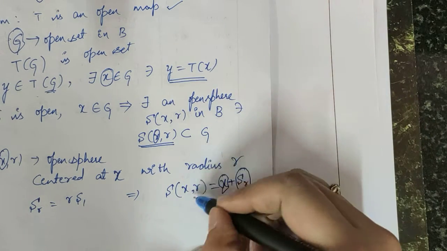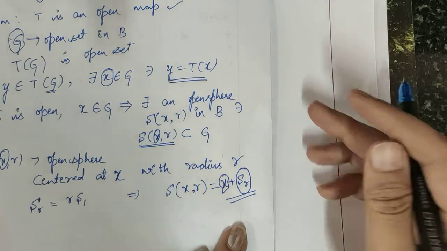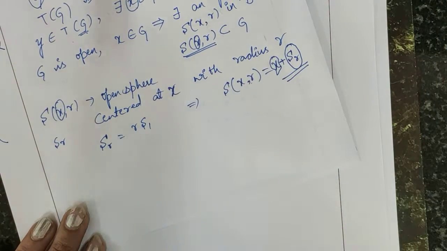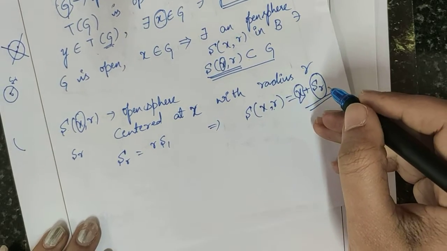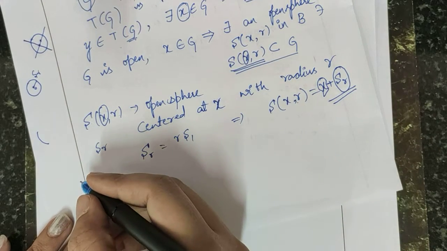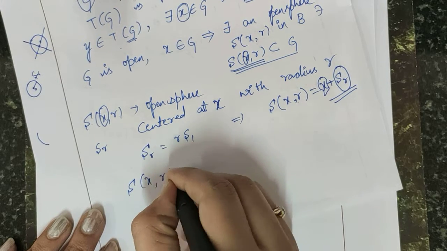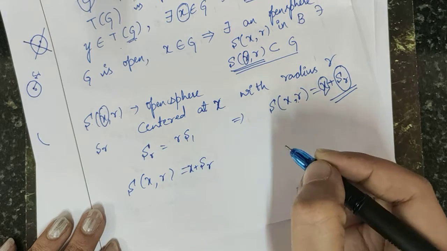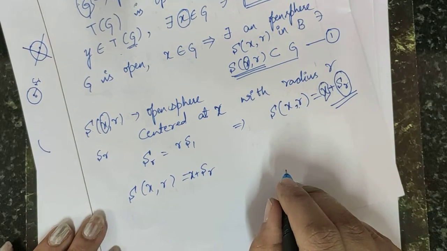So I can express S of x comma r as x plus SR. So now I can write S of x comma r is a subset of G, and we know that S of x comma r is equal to x plus SR. Call this equation number 1.